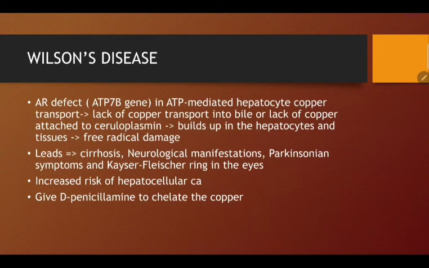Then the next one is Wilson's disease that I want to talk about. Wilson's disease is caused by an autosomal recessive defect in the ATP7B gene. What does the ATP7B gene do? It's responsible for two things. It's responsible for copper handling, usually in the hepatocyte. This is the hepatocyte.